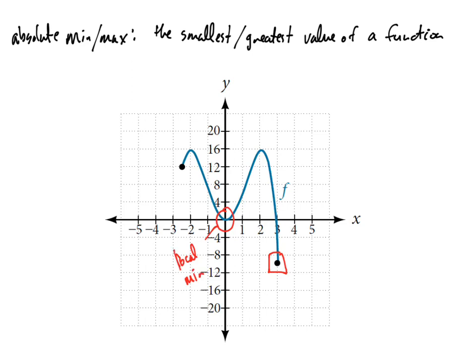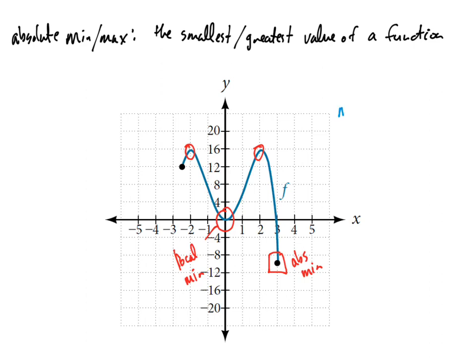It's one of the low points, but it's not the absolute low point. So this will be the absolute min. And then the highest point we get to is either here or here. The absolute maximum value occurs at 2 different places, but it's 16 in either case.